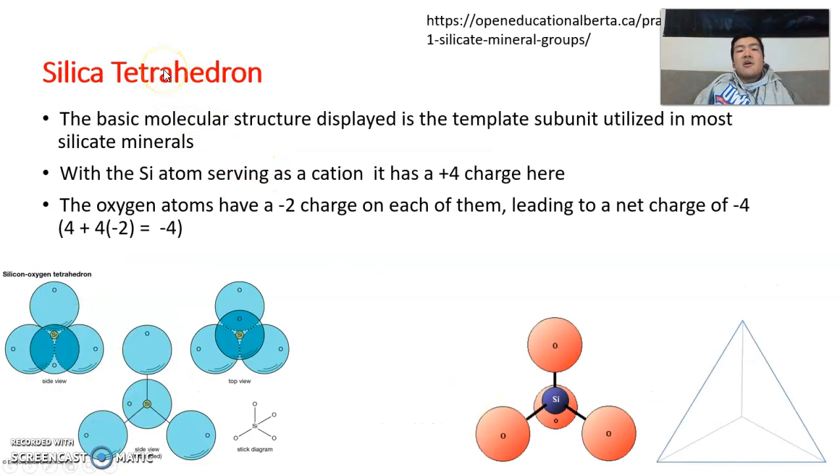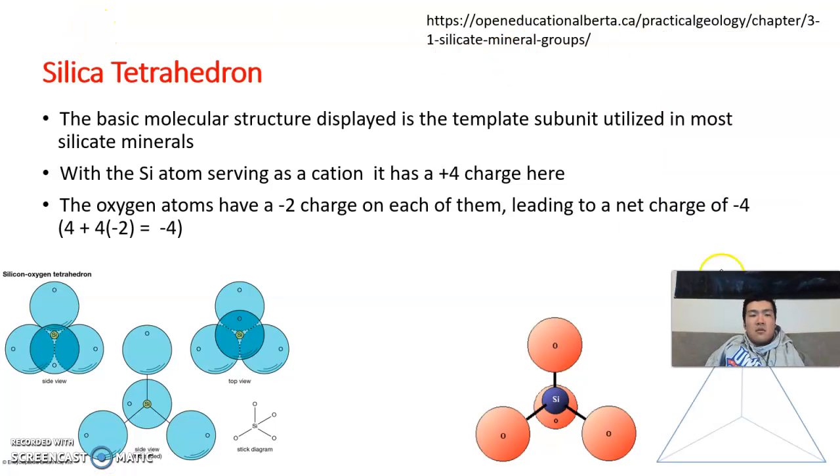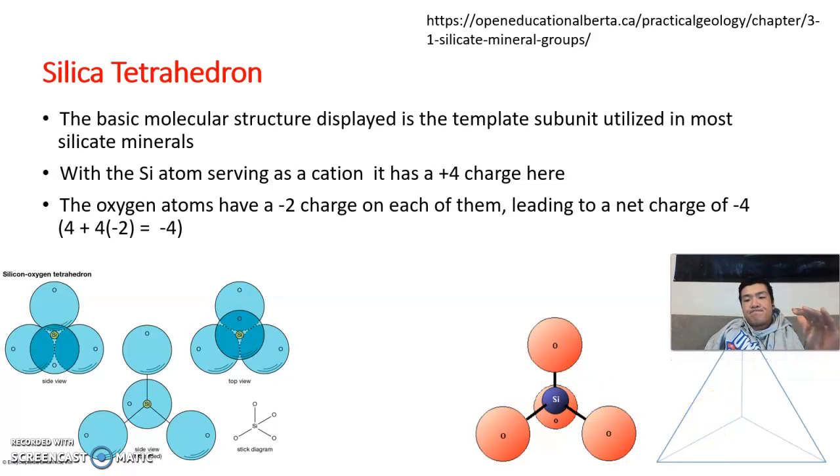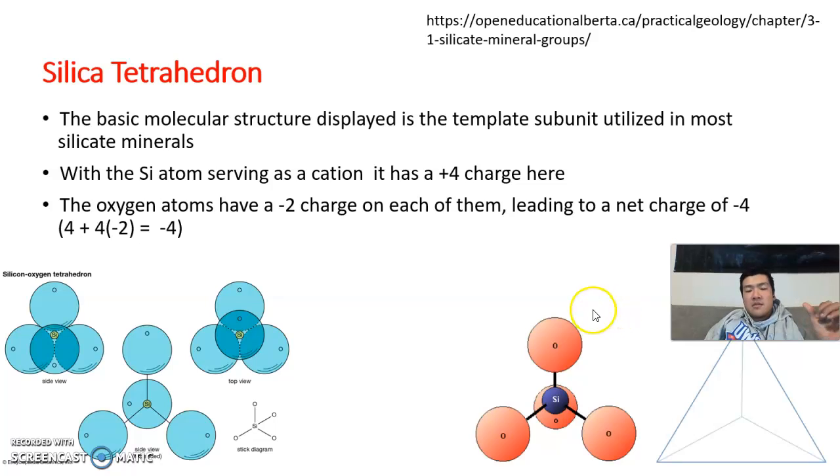Silica tetrahedron is a commonly used one within the minerals classified as silicates. Here, this is kind of a goofy one that might throw a couple of you off, just because it's not necessarily a neutrally charged molecule or a neutrally charged monomer, as chemistry nerds would call it.